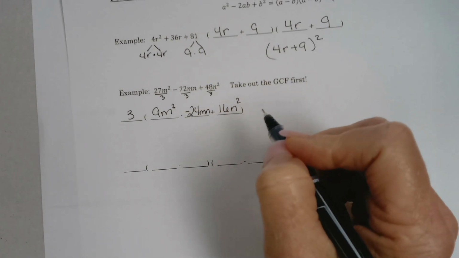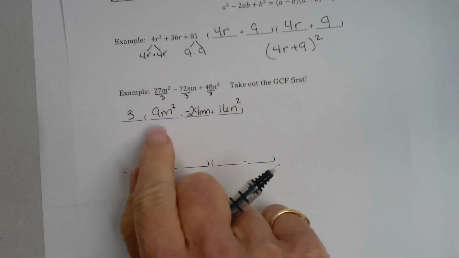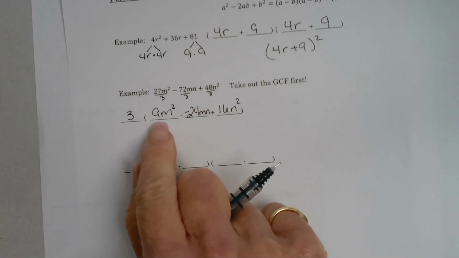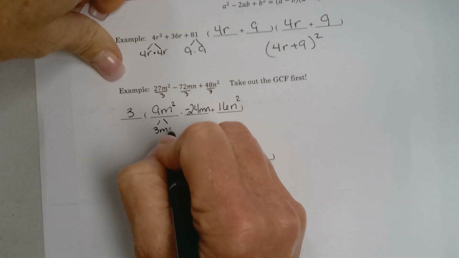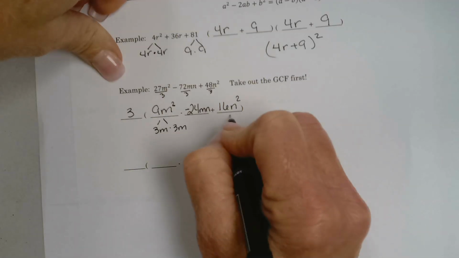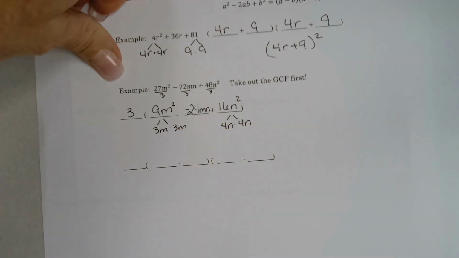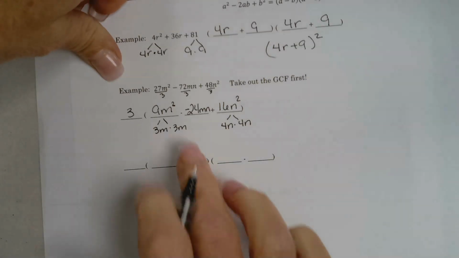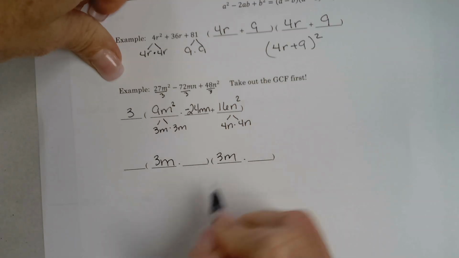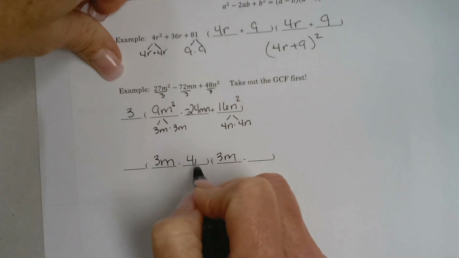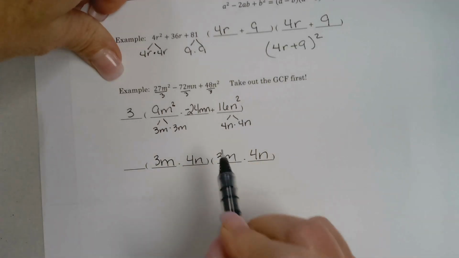All right. Now, let's go ahead and take a look at our coefficients. Perfect square. This is 3m times 3m. This is a perfect square, 4n times 4n. So these are what are going to be placed in our parentheses, 3m and 4n. Doesn't matter that these are different variables.